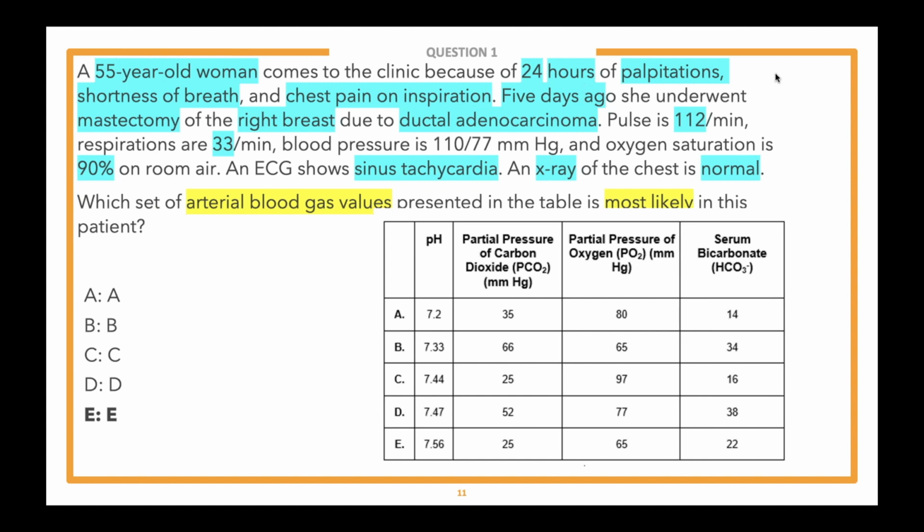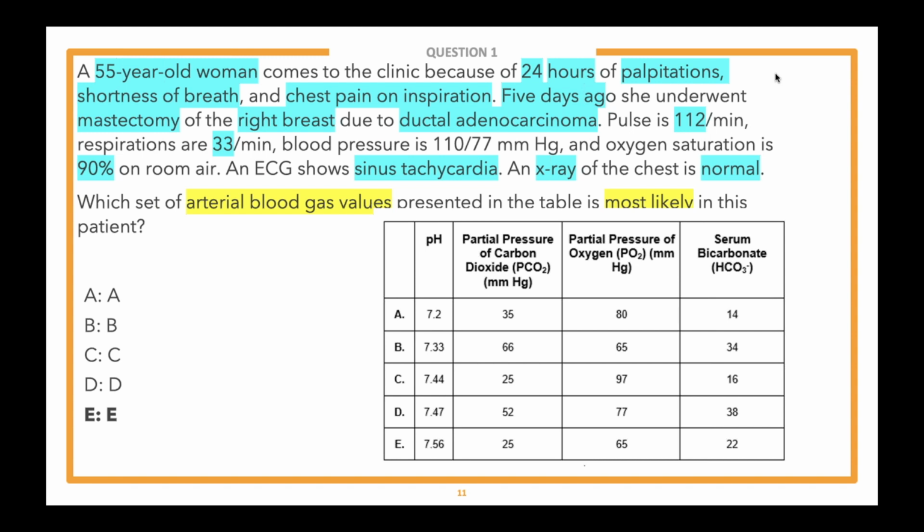So a lot of things here should be pointing towards a venous thromboembolism or blood clot, or specifically in this case, a pulmonary embolism, okay? She has a few risk factors for that. One, she has a malignancy, and two, she just underwent surgery and is in a postoperative state.